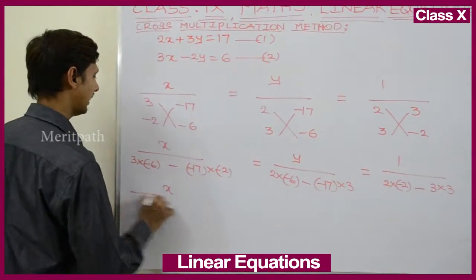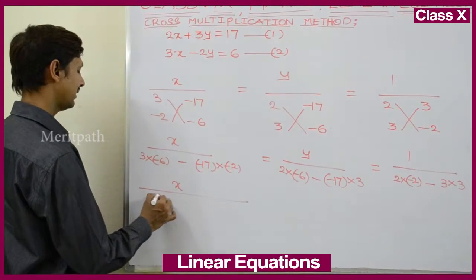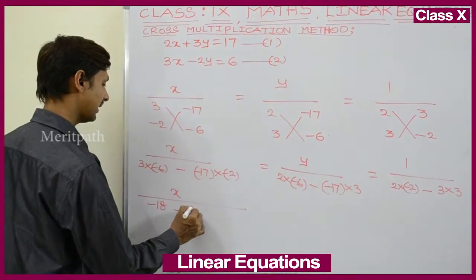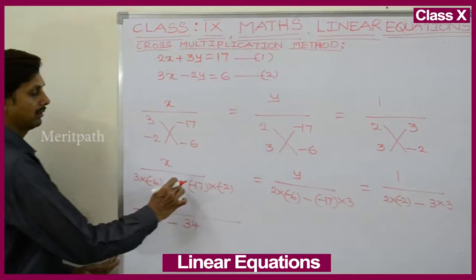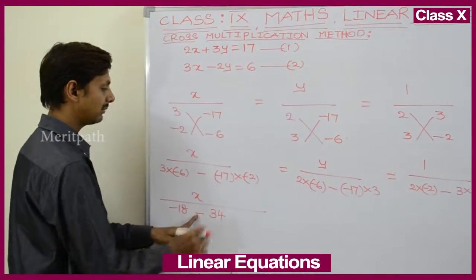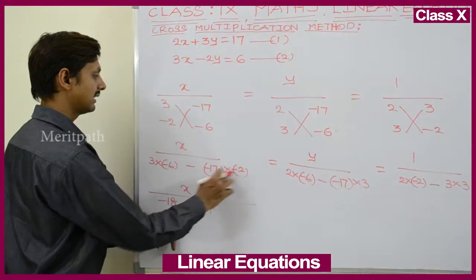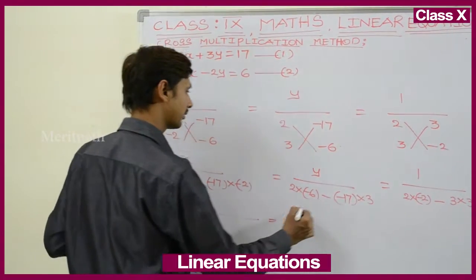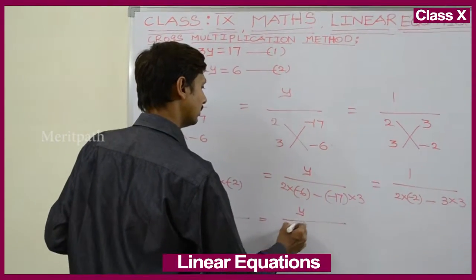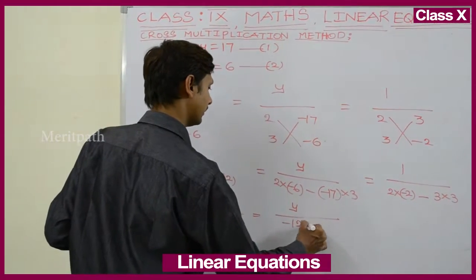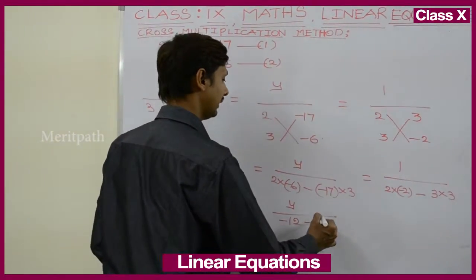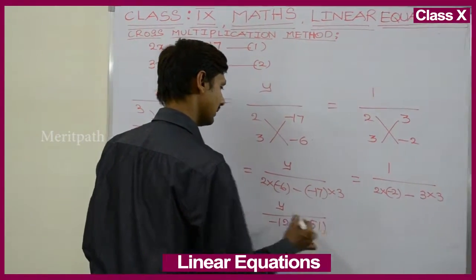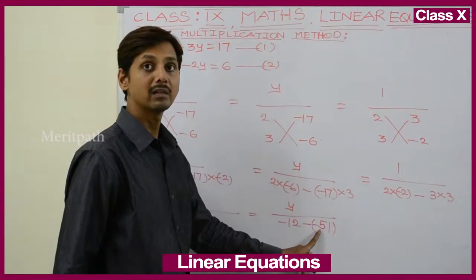x divided by, let us simplify this part. 3 sixes are 18, so minus 18. Minus 17 twos are 34, and minus into minus is plus 34. Equals y by 2 into minus 6, minus 12, and 17 into 3 is 51, so minus 51, because minus into plus is minus.